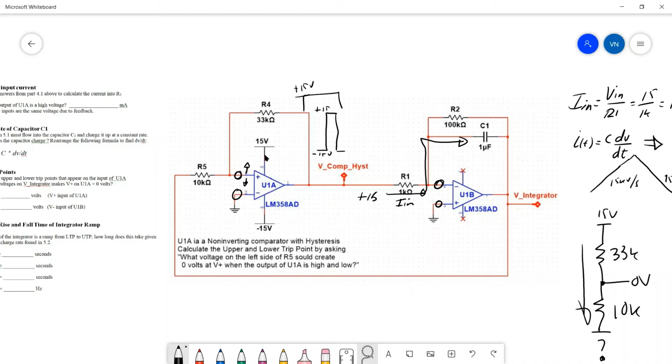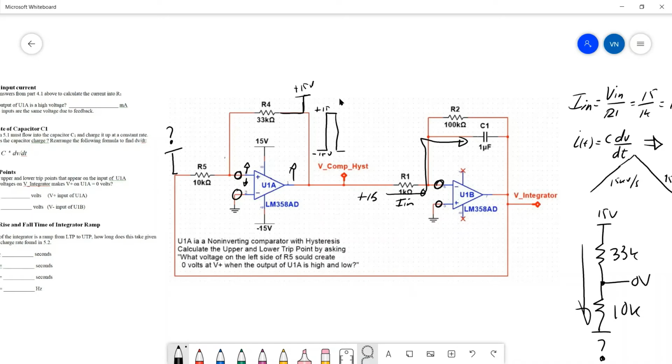So on this side of R4, we've got a connection to 15 volts, because the output is high and the upper transistor is turned on. So here this is 15 volts. I've got 33K ohms. Looking into the input of the op-amp, this is an open circuit, so it's essentially not connected to anything. Then I've got a 10K ohm resistor, and on the other end of the 10K ohm resistor, I've got a connection to I don't know how many volts.